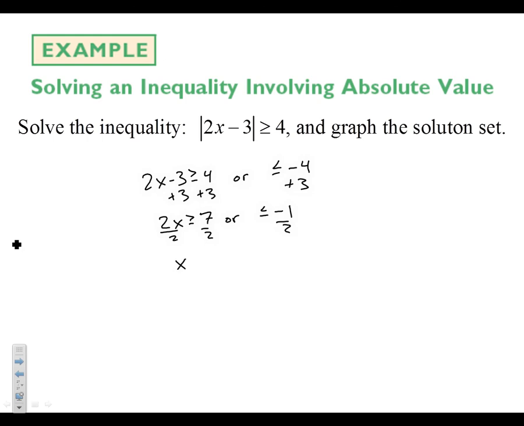So x is greater than or equal to 7 halves, 3 1/2, or less than or equal to negative 1/2. So there's 7 halves, closed circle. We're greater than that, or we're less than negative 1/2. We're going outside. We're further away, not closer.